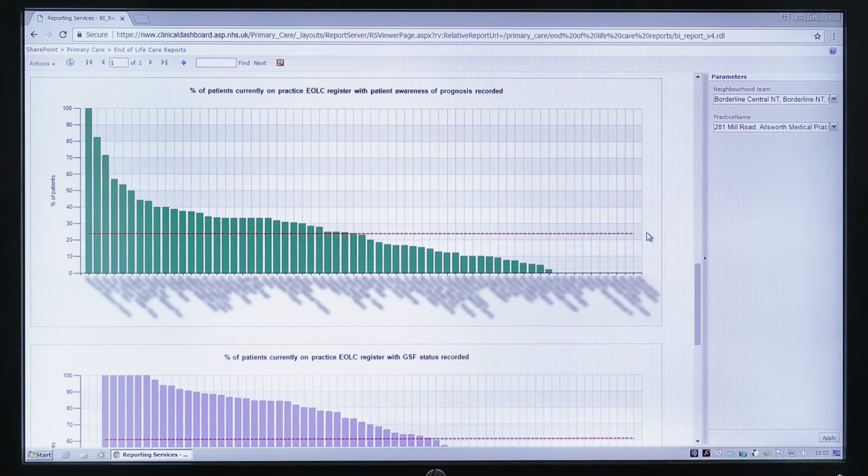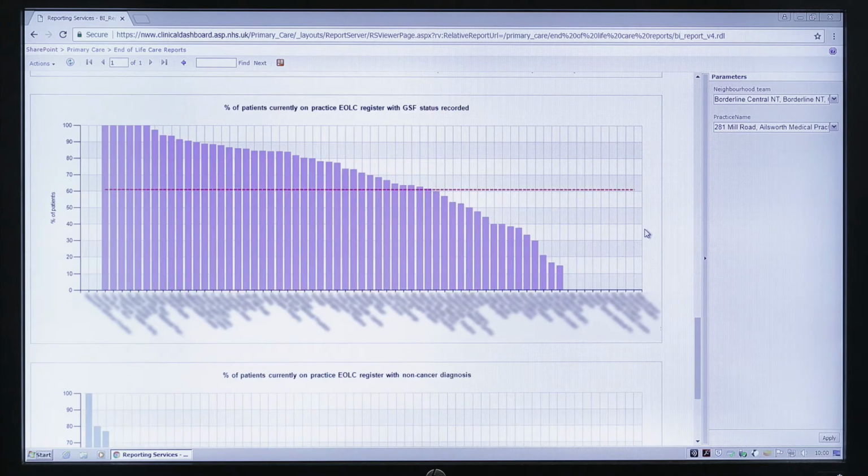Again, very helpful out of hours to know whether or not this patient you are seeing is aware of their prognosis. Next metric is percentage of patients on the register currently alive who have a Gold Standards Framework status, red, amber or green. CCG mean about 60%, but again a considerable spread.